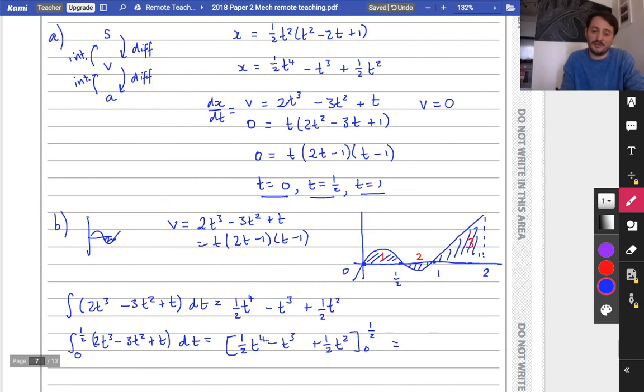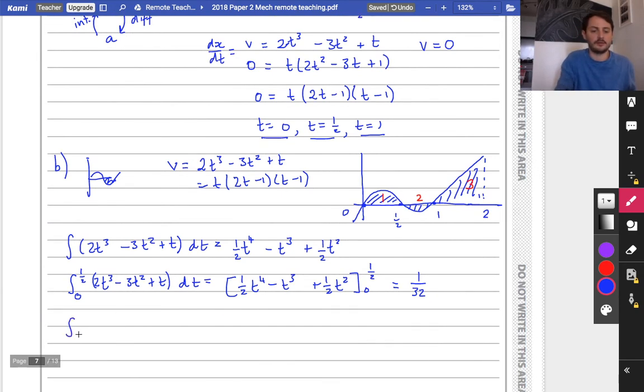But if you substitute in 0, you know the answer is going to be 0. So I'm just going to put in a half. I'm going to say a half on my calculator and store it as my answer. So I'll do a half answer to the power of 4 minus answer cubed plus a half answer squared. And we get the answer 1 over 32. You would then subtract 0, a half 0 to the power of 4 minus 0 cubed plus a half 0 squared. You just get 0 as well.